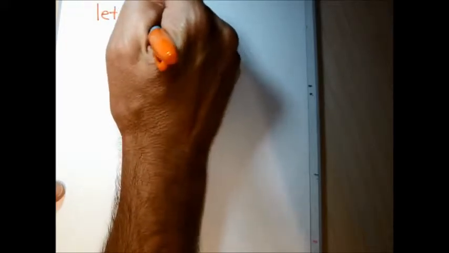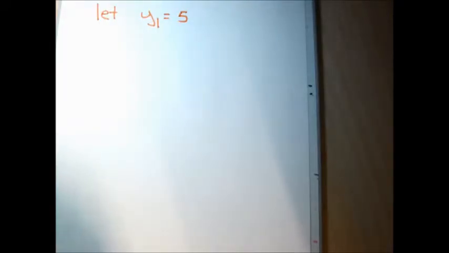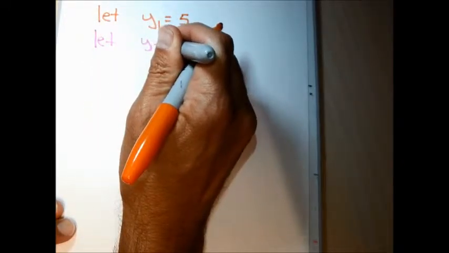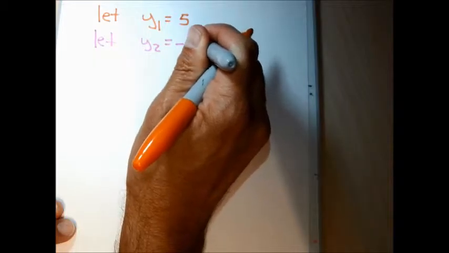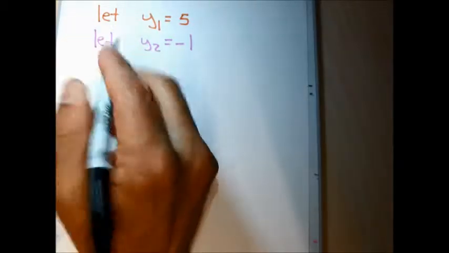So I'm going to do the same sort of thing. I'm going to let y1 equal to 5, and now instead of making y2 equal to a positive number, I'm going to make it a negative number, and then I'm going to write essentially the same question, except I'll probably abbreviate it.